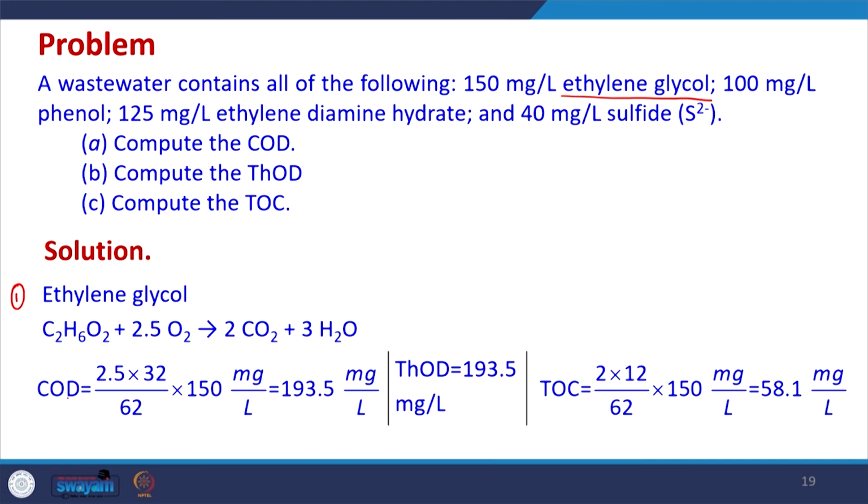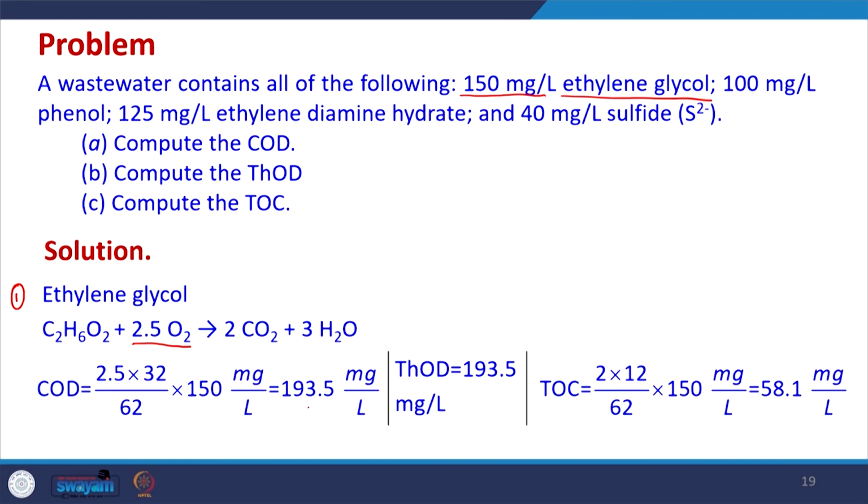For COD we estimate that 2.5 moles of oxygen is required per mole of ethylene glycol. So, 2.5 moles into 32 divided by 62, which is the molecular weight of ethylene glycol, into 150, because 150 is the amount of ethylene glycol present in the water.